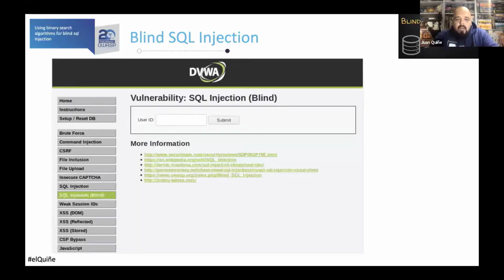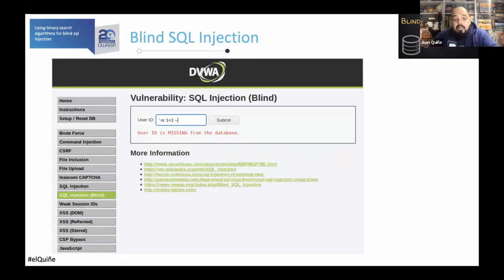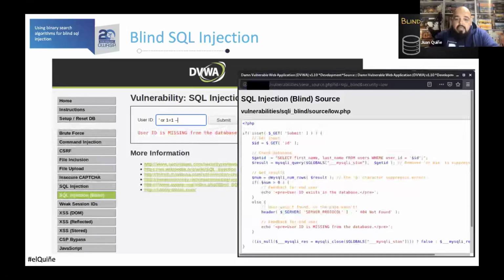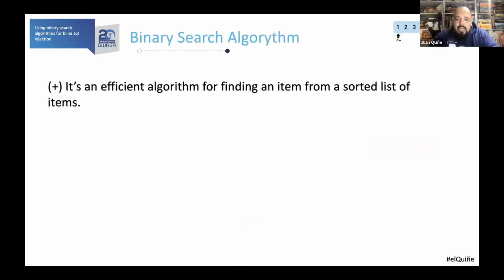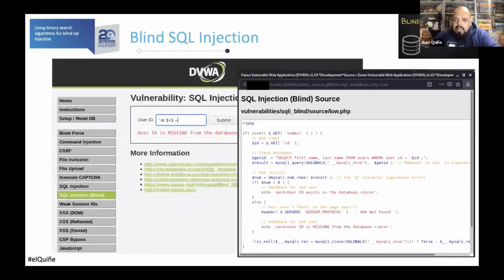Well, in the blind SQL injection challenge in the DVWA vulnerable web application, you see that there is a message appearing: the user ID is missing from the database. That's information for us. The data is going through the query, but in the bottom part you see that the user ID is missing from the database appears as one response.